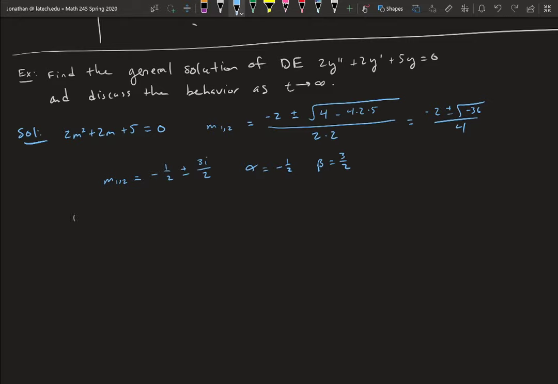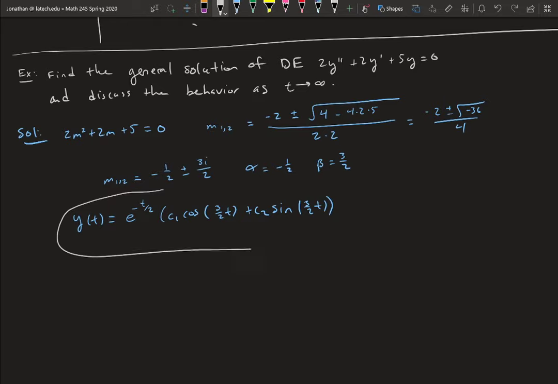And so our solution y of t is going to be e to the negative t over 2 times c1 cosine 3 over 2 t plus c2 sine 3 over 2 t. So this is the general solution of the differential equation.